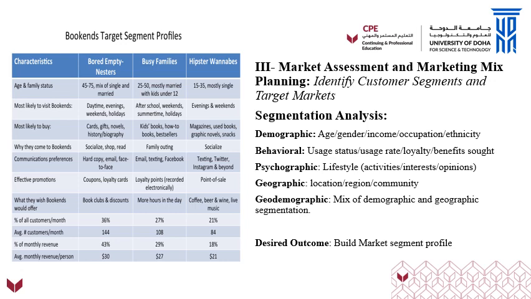So at the end, each segment of buyers has different characteristics with respect to those demographic, behavioral, psychographic, geographic. Now, combining or mixing geographic and demographic segmentation together is called geodemographics, and this is highly used in the segmentation process.